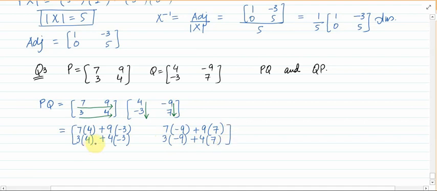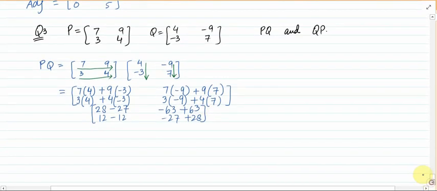Further solving, 7 4s are 28, 3 9s are 27. It will be 12 minus 12. 7 times minus 3 is minus 63 plus 63, minus 27 plus 28. Further simplification, 28 minus 27 is 1: 1 0 0 1.